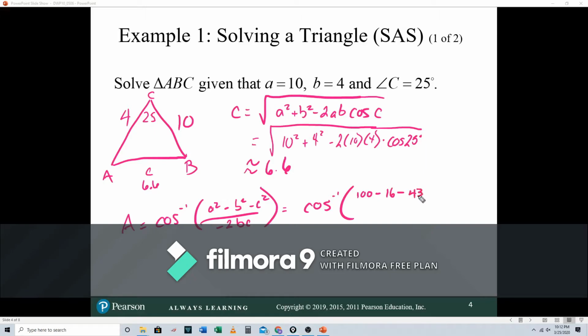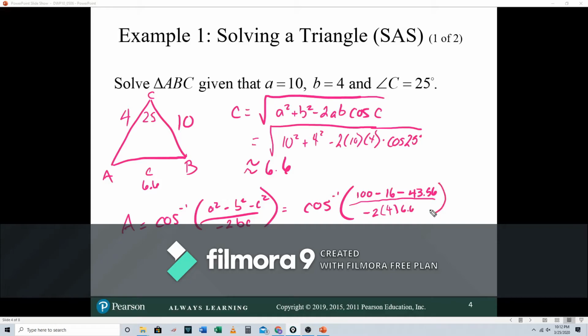So 43.56 over negative 2 times 4 times 6.6.